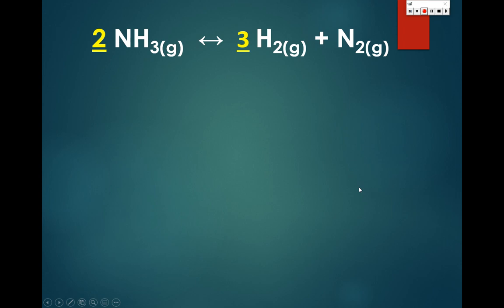Okay, so we're going to build our ICE table. And I recommend that you sort of think of it literally like a table, where you have a column, column, column, okay? So I, initial, change, and what's at equilibrium?